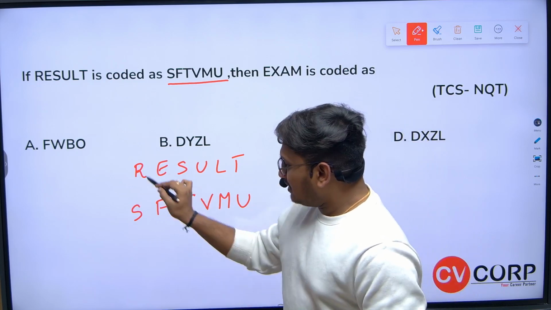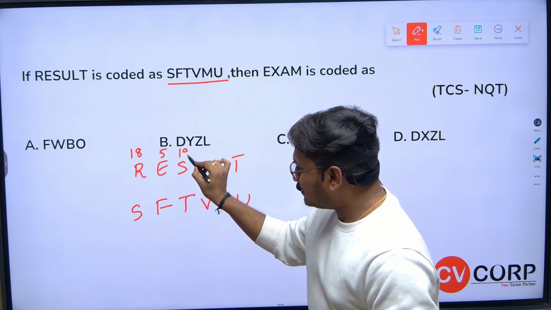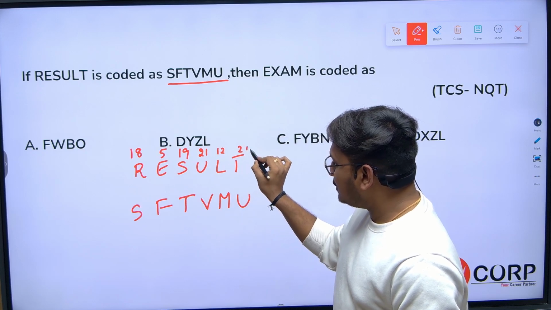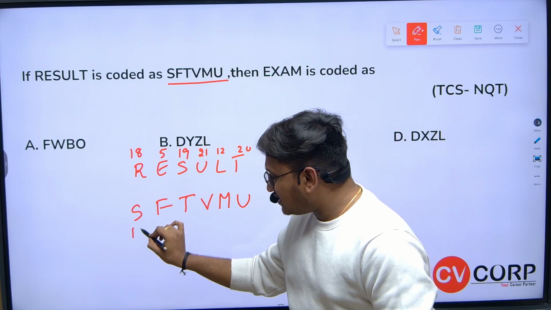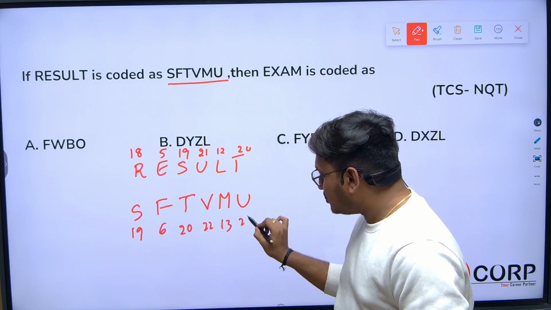So the place value of R is 18, E is 5, S is 19, U is 21, L is 12, T is 20. Next, S is 19, 6, 20, 22, 13, 21.